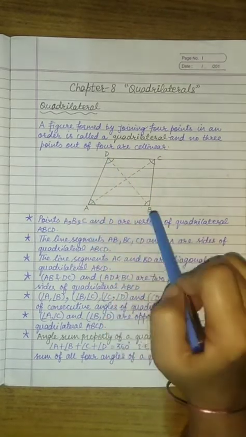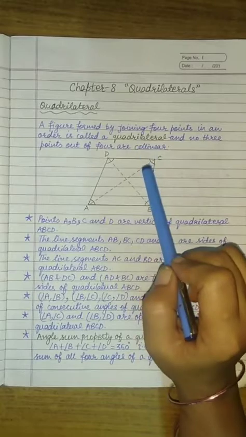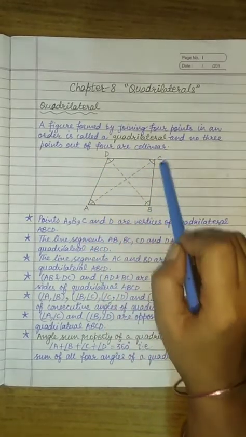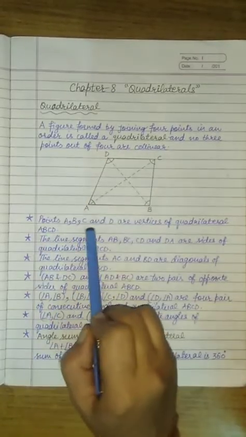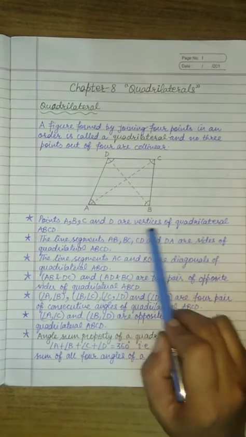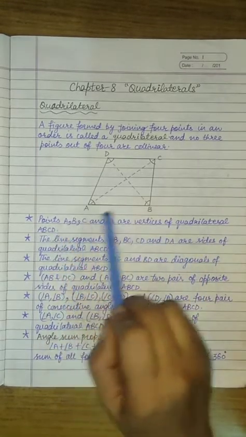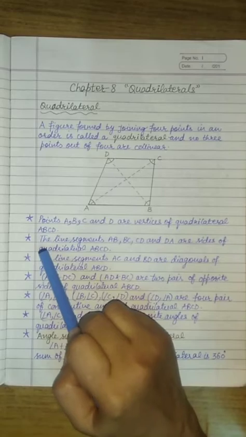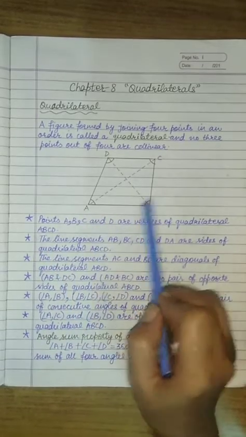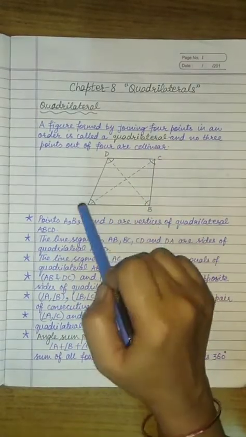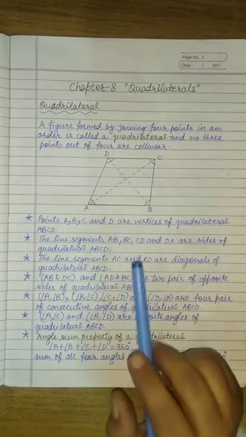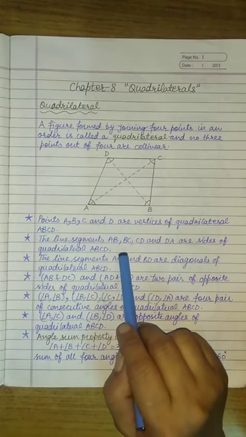In quadrilateral ABCD, we have 4 vertices. Points A, B, C and D are vertices of quadrilateral ABCD, and the line segments AB, BC, CD and DA are the sides of quadrilateral ABCD.